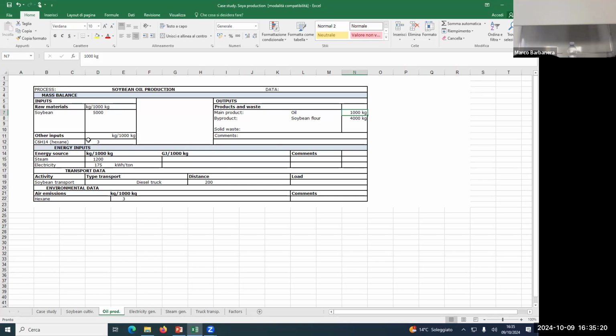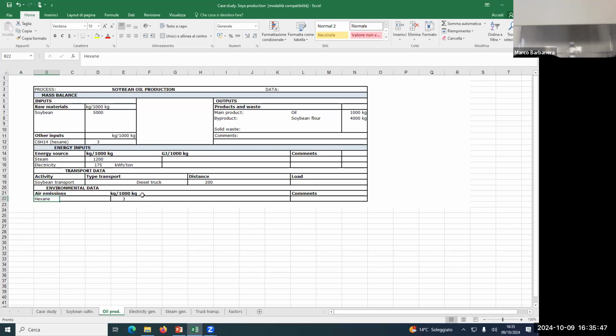In this case, for example, you have the consumption of a chemical substance, hexane, 3 kilograms per 1,000 kilograms of oil. You have the consumption of steam, electricity, diesel for soybean transport, and you have in this case only the emission of hexane.